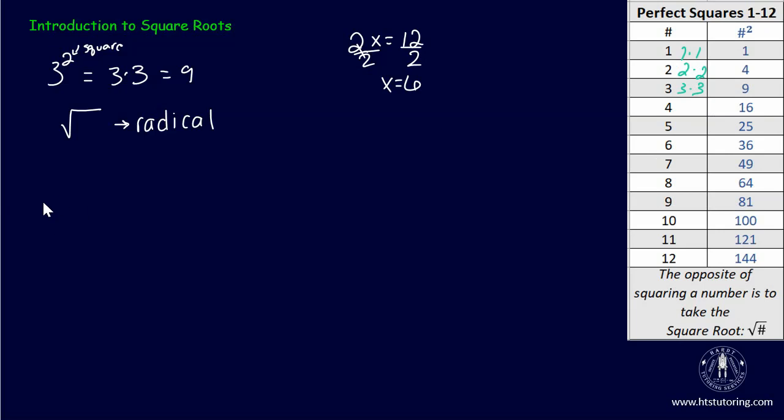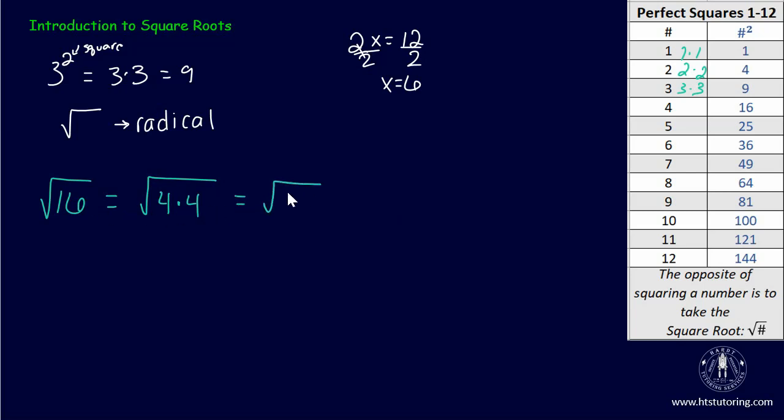Let's say I had the square root of 16. What I'm asking myself here is, what number squared equals 16? What number times itself equals 16? Well, 4 times itself. If I do 4 times 4, I'm just breaking 16 up into 4 times 4, because 4 times 4 would give me 16, so this is a valid statement.